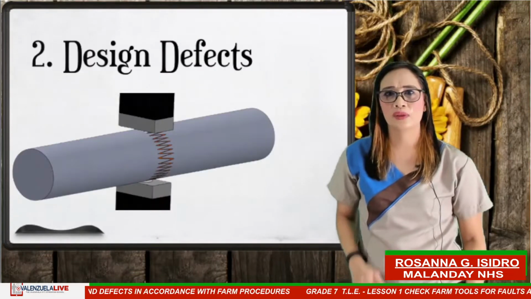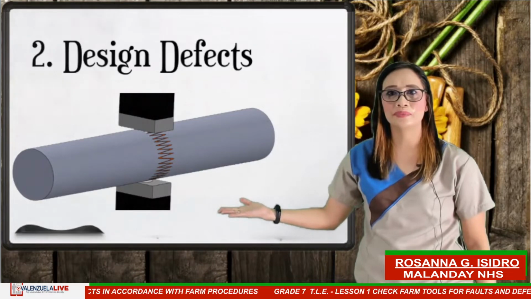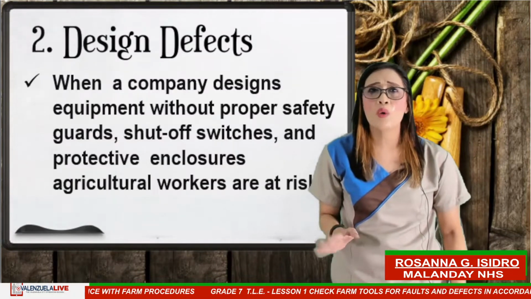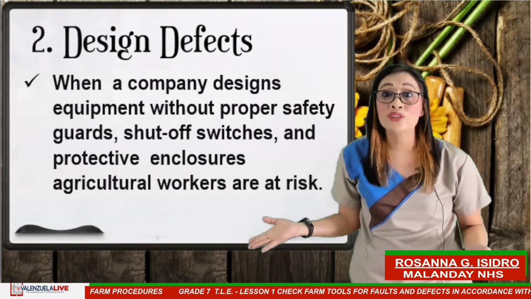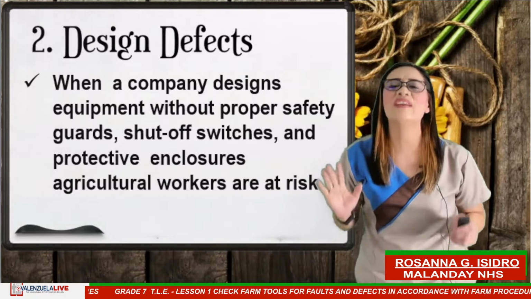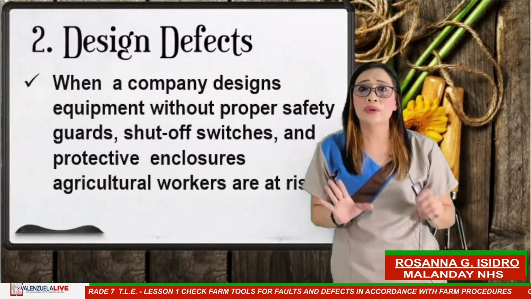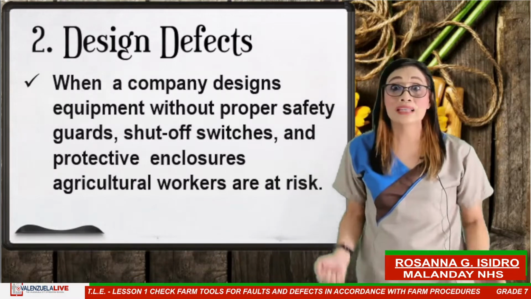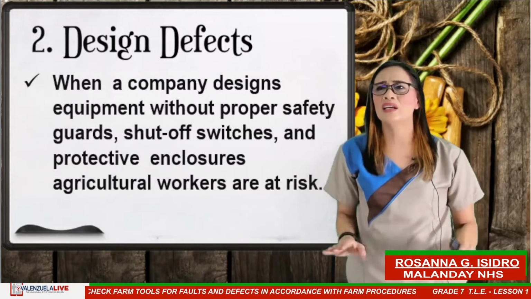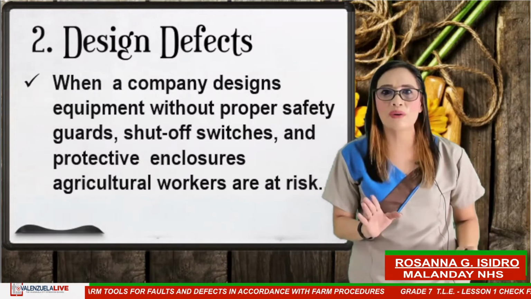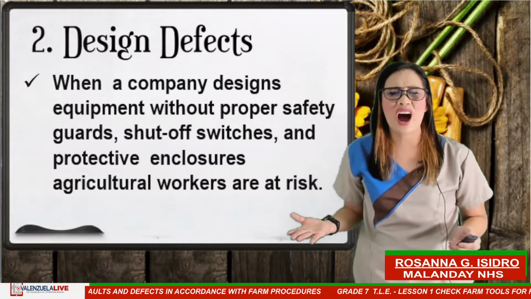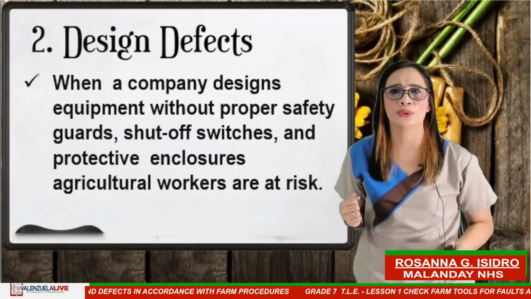Second, design defects. When a company designs equipment without proper safety guards, shut-off switches, and protective enclosures, agricultural workers are at risk. A design defect occurs when there is an inherent flaw or error in a product's design that renders it unreasonably dangerous.